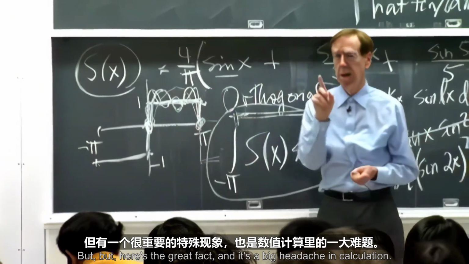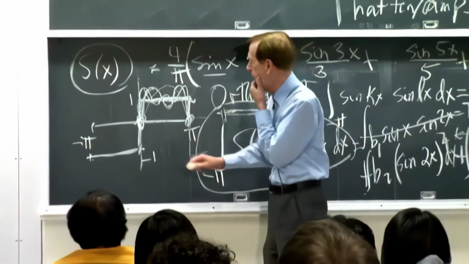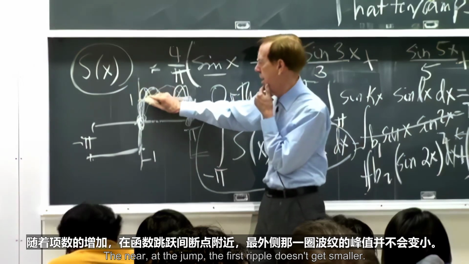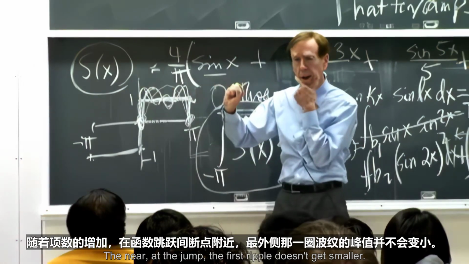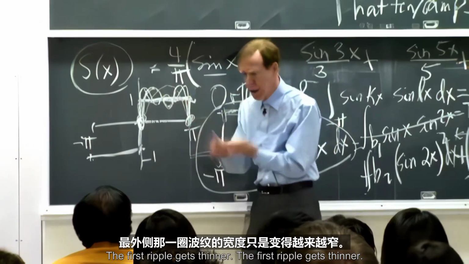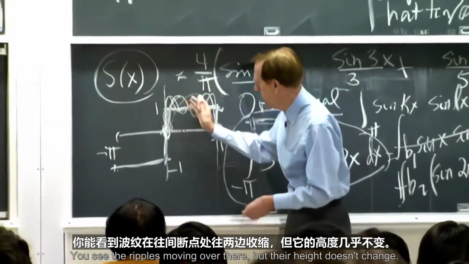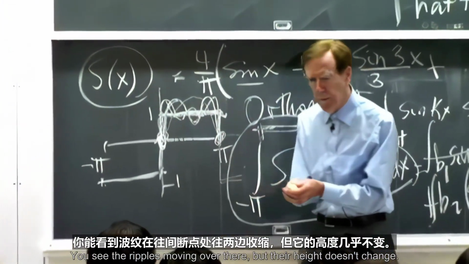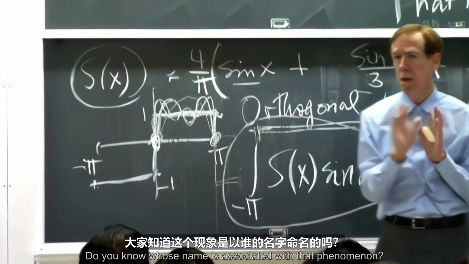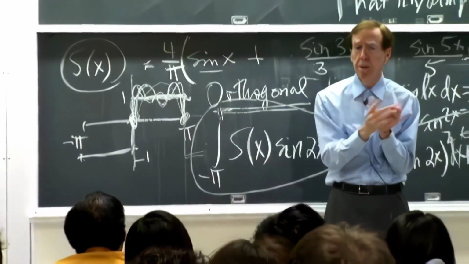But, here's the great fact, and it's a big headache in calculation. At the jump, the first ripple doesn't get smaller. The first ripple gets thinner. You see the ripples moving over there, but their height doesn't change. Do you know whose name is associated with that phenomenon? Gibbs.